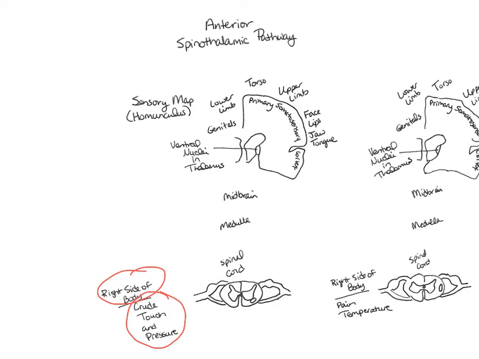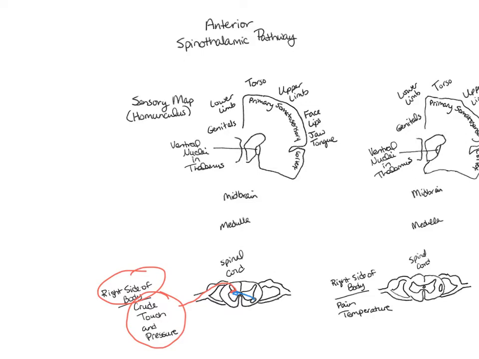That sensory neuron is going to enter through the dorsal root, and then it's going to synapse right in the gray matter, in that posterior gray horn, right? That then synapses onto the second order neuron, okay? And then the second order neuron is going to go to that anterior spinothalamic tract, where it starts in the anterior white column.